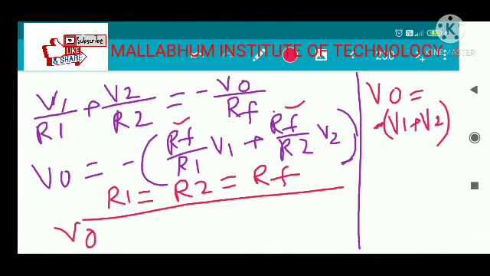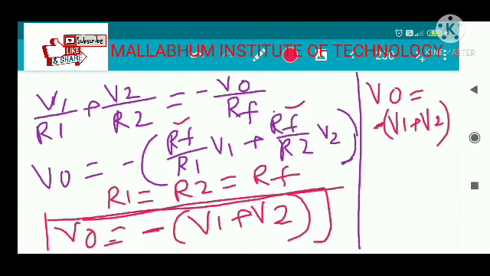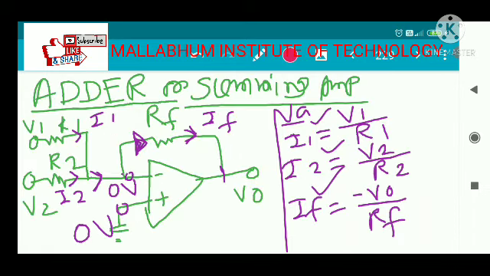So your V0 is nothing but the summation of V1 plus V2, but a negative sign will come here, because this is a clear extension of the inverting amplifier.